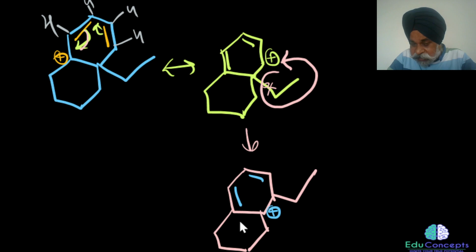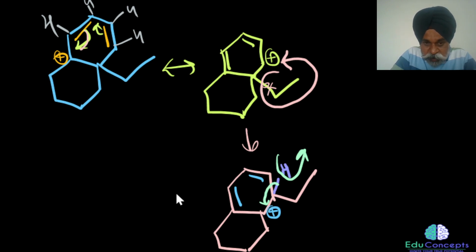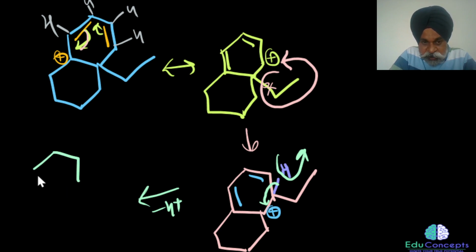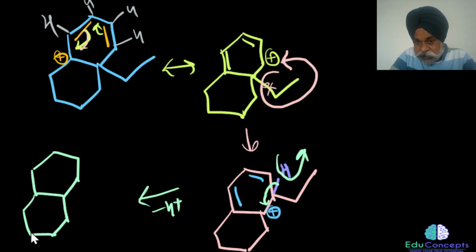Now, the last thing we can see: the hydrogen which was here can now undergo deprotonation. If I do the deprotonation from this point, what next thing would I get? A positive charge here. Am I right? What I would get here is something like this, and you have an ethyl.